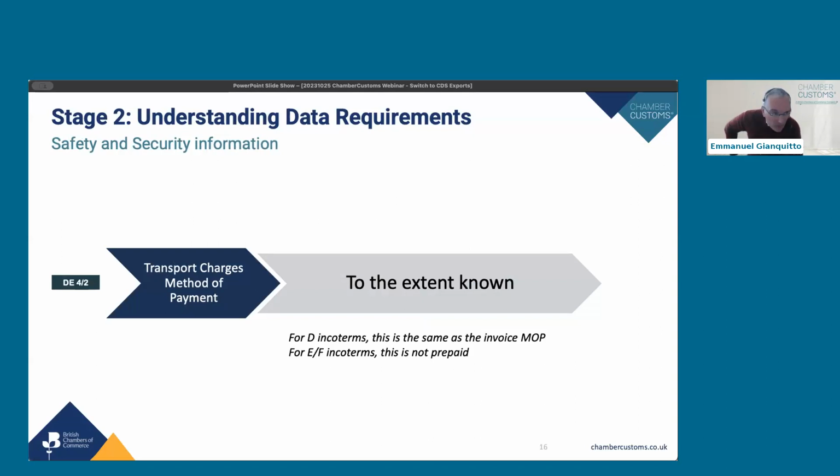And then I would like to go through a little bit more of the detail of what this means. So the transport charges method of payment, well, you can only answer this question to the extent known, if you are a broker, if you are a third party.